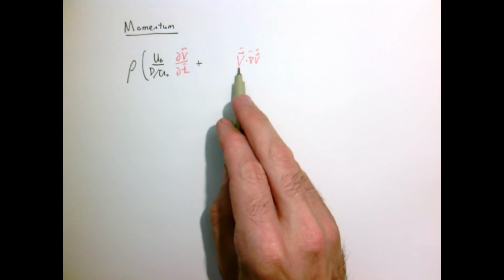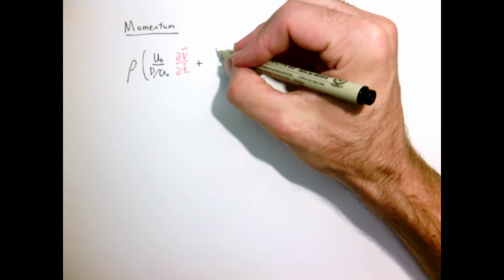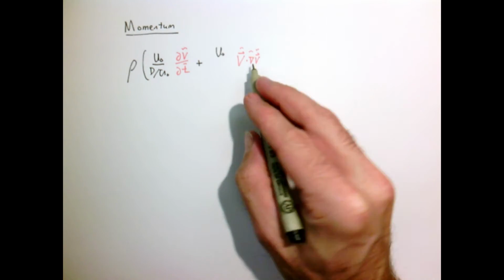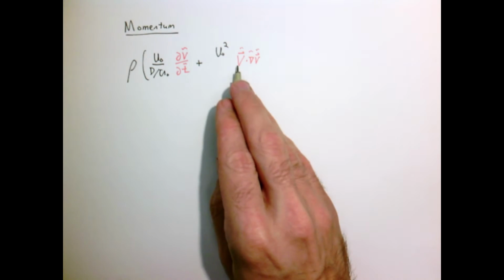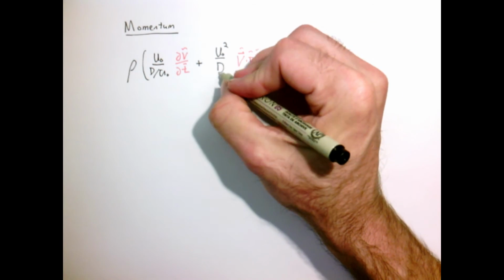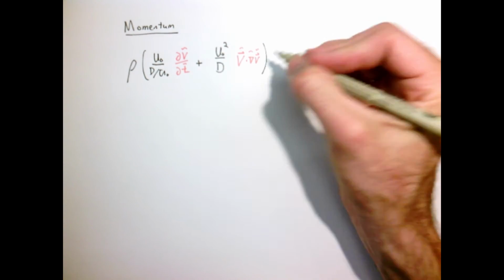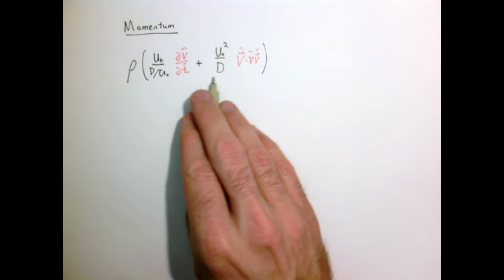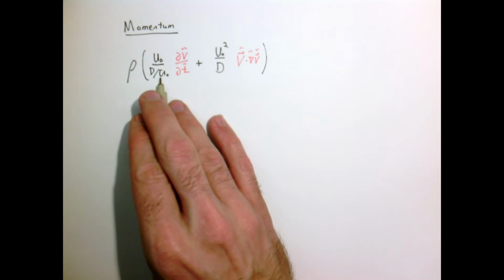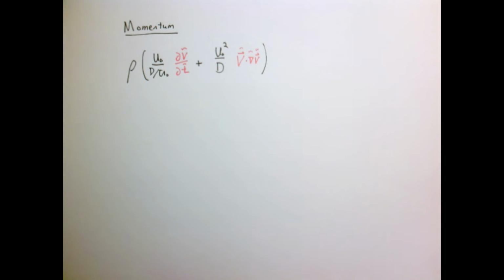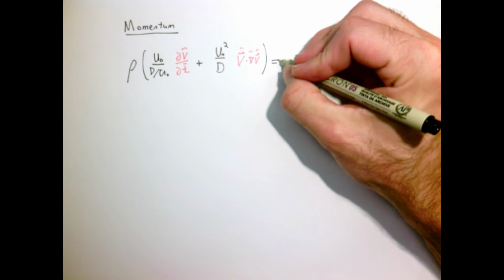And so again, when we want to convert to dimensionless, I need to pull out two factors of u naught because I have v and v. So I have a u naught squared. And I need to pull out a factor of 1 over d because I've got the gradient in here. And so this is my material derivative of the velocity, or the acceleration, which needs to be multiplied by the density. So that's the left-hand side of our momentum equation in dimensionless terms.